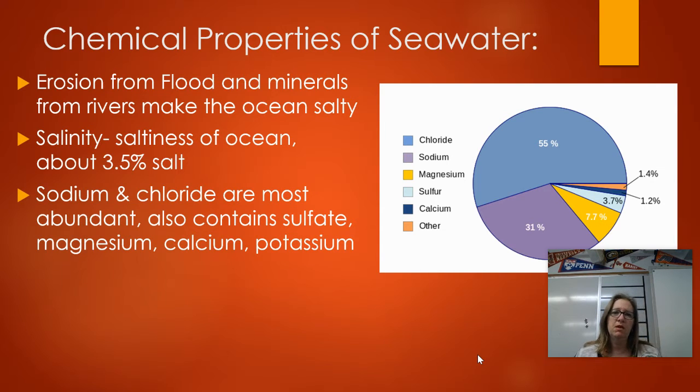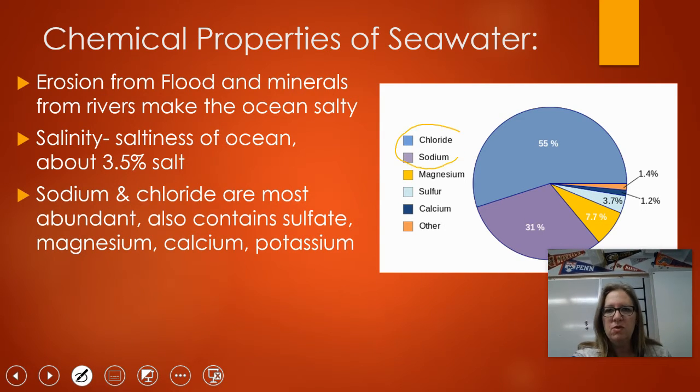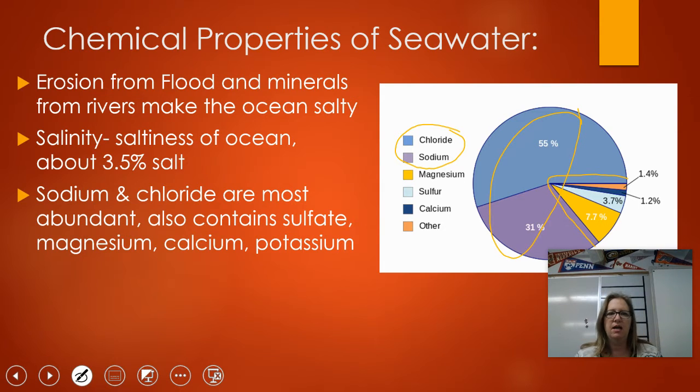Okay. The main salts, when we think about salt, are sodium and chloride. So everything except that portion of the pie, all of this, that's the main salt. The salt that you sprinkle on your food is sodium chloride, so that's why it tastes so salty.